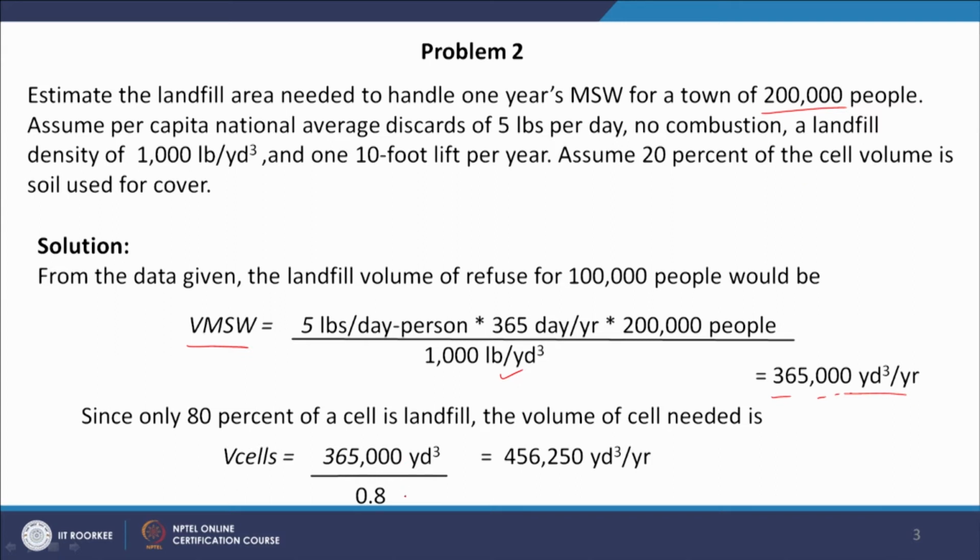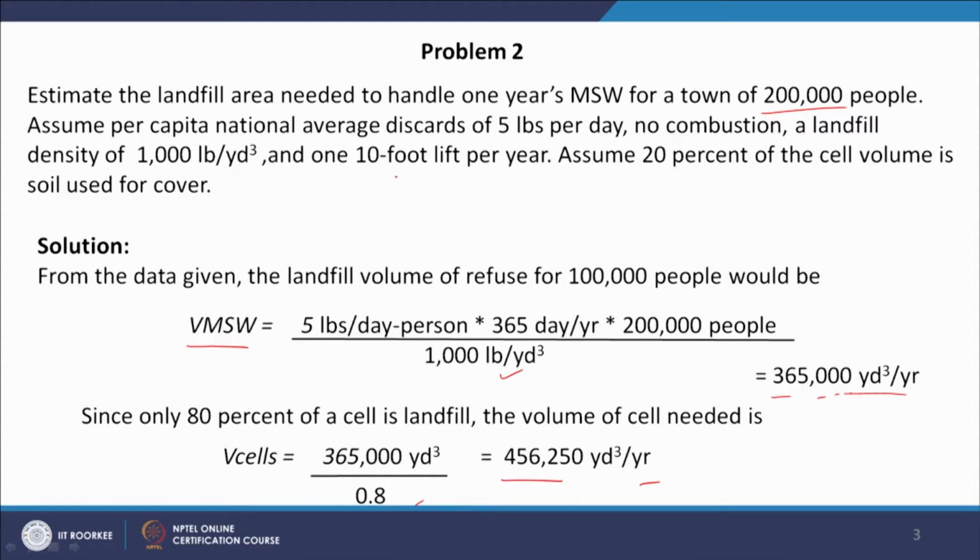We have to divide it by 0.8, that means the cell volume will be more than the volume of the solid waste. So, that is 365,000 yard cube divided by 0.8, which is equal to 456,250 yard cube per year. So, this is the volume of the cell, which is used to discharge the MSW for 1 year.